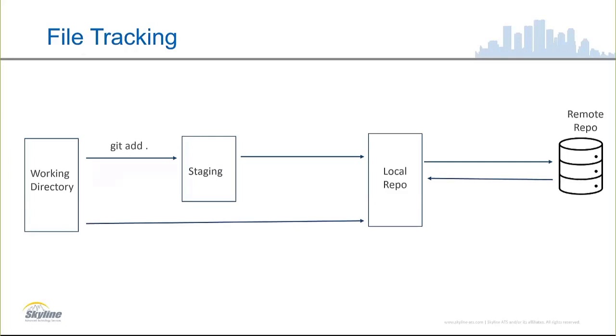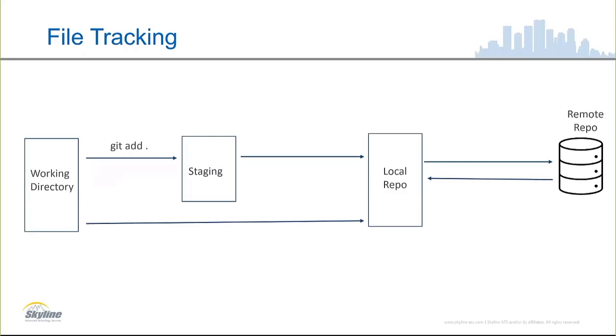There are two ways I can run git add. The easy way would be git add space dot, which basically says take everything in the working directory and add it to this area called staging. Or I can do git add space and just the file name, and that will take one specific file and add it to the staging area. Think about a staging area as a location that holds the files that we want to commit until we get ready to commit them.